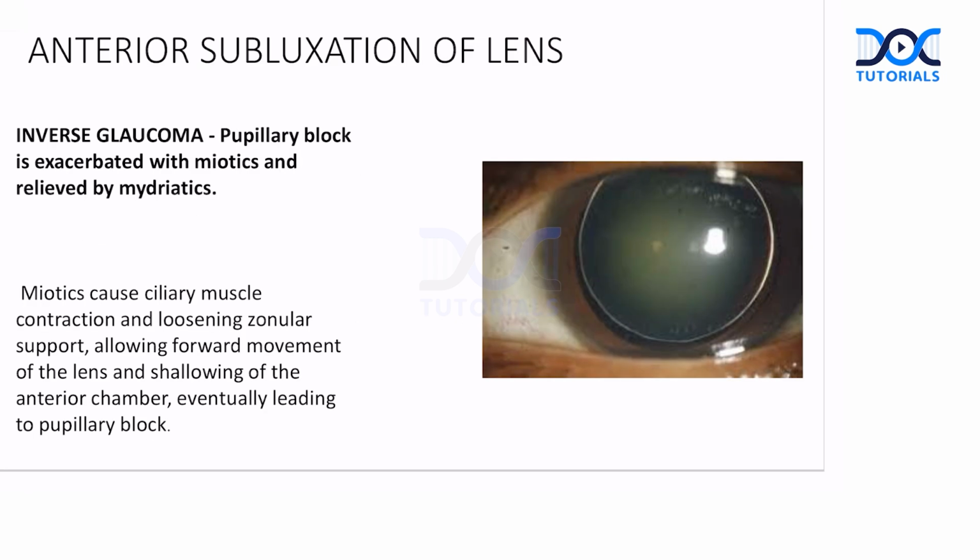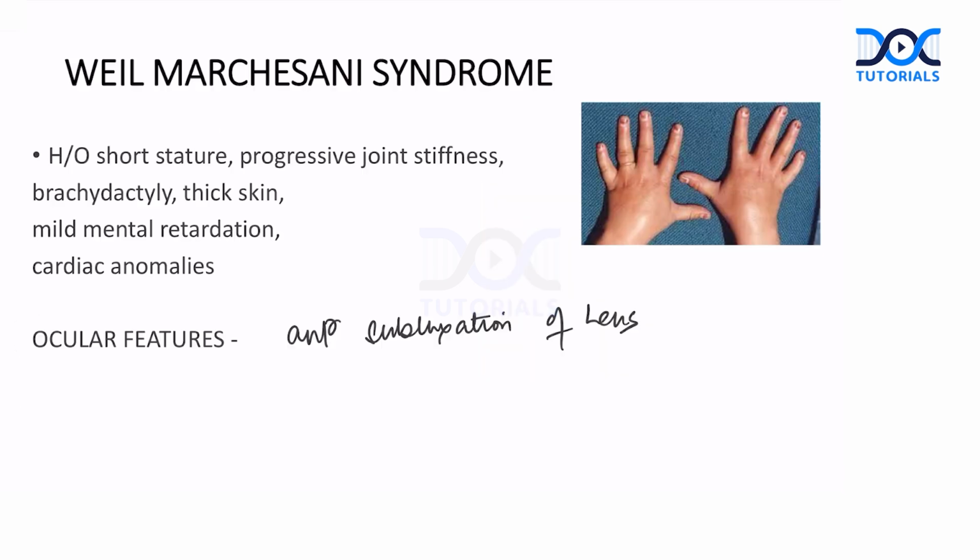The whole of the lens has come out into the anterior chamber. Now let us understand why this is happening. So friends, our child is having a short stature. He has brachydactyly, very thin skin. Can you see? The child may also have mental retardation. There is a chance of cardiac anomalies also with the thick skin. Okay. So every word is a question. This is how you remember the presentation of the child here.